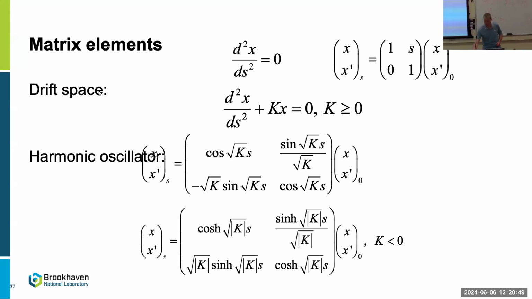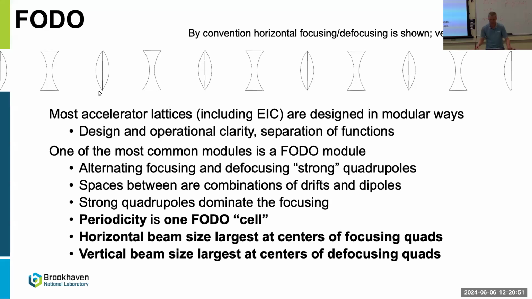So how does this work? I'm finishing up. Here, for example, is the structure. By convention, we use focusing elements to show the horizontal degree of freedom. A typical structure is called the FODO: focus, drift, defocus.